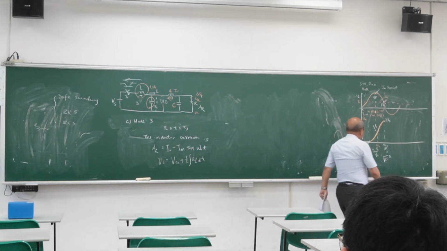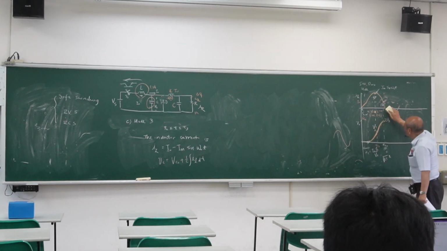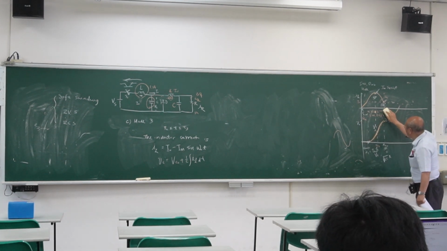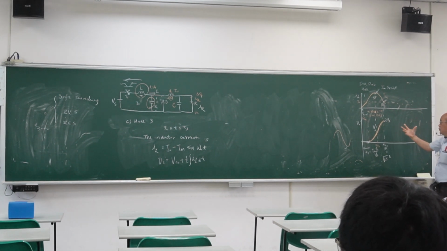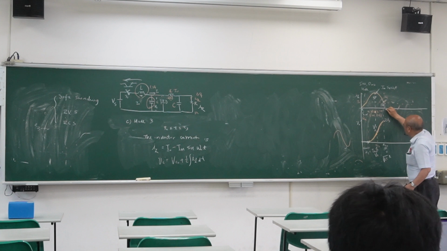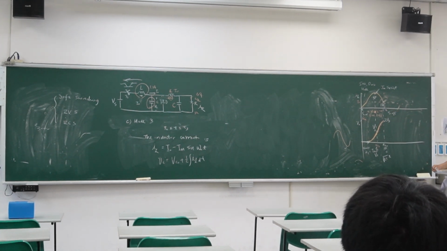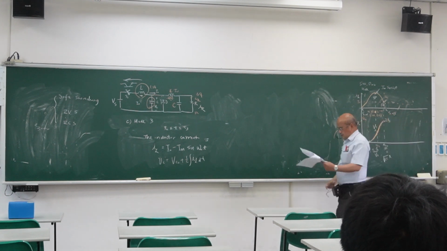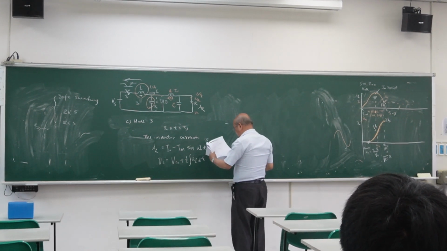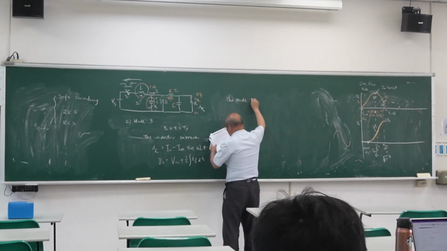Originally the inductor current wants to go negative, but when it reaches zero, then the switch turns off. So at that point, the switch turns off. So what happened? And we have to stop here. So we can make a conclusion: the mode never goes negative.